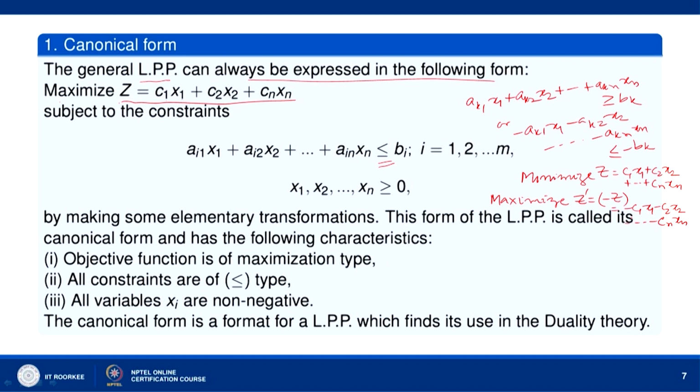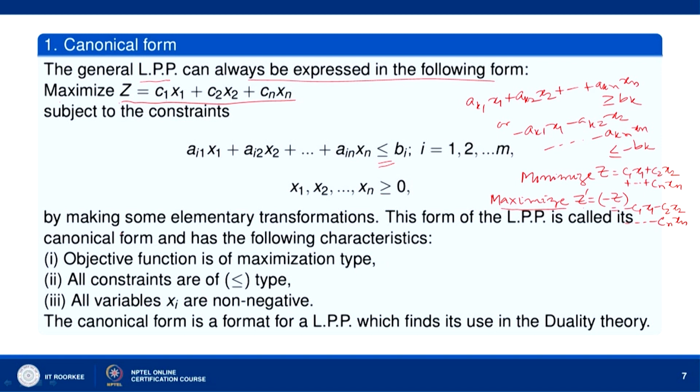So, if there is a minimization problem, then for that we consider the corresponding maximization of z' equal to minus z, which is minus c_1 x_1 minus c_2 x_2 and so on minus c_n x_n, and bring the LPP in the form maximization of z equal to c_1 x_1 plus c_2 x_2 and so on c_n x_n, and all the constraints are brought in the form less than or equal to. x_1, x_2, ..., x_n greater than or equal to 0 is already given to us.